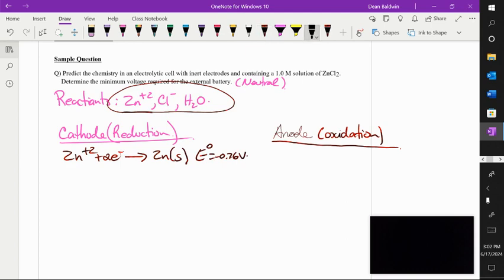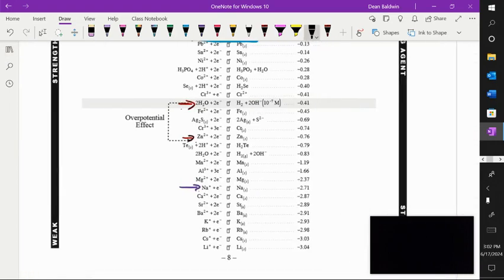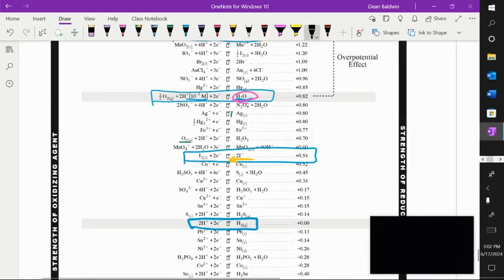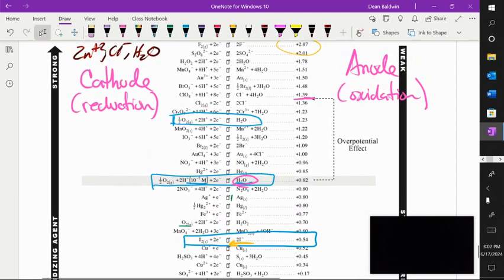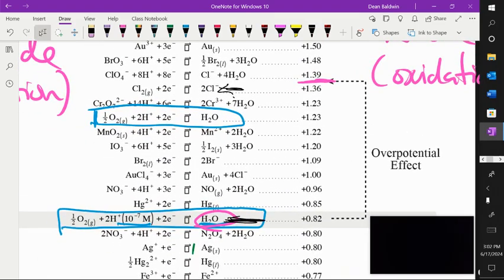Then you go to the anode. The anode reaction. So we're looking for water and chlorine. They're going to be up here. There's my neutral water here. Chlorine is right here. You can tell why they picked this one. Normally you would think water is what's going to be oxidized, but due to the overpotential effect, it actually acts up here. So the chlorine is actually going to be oxidized.